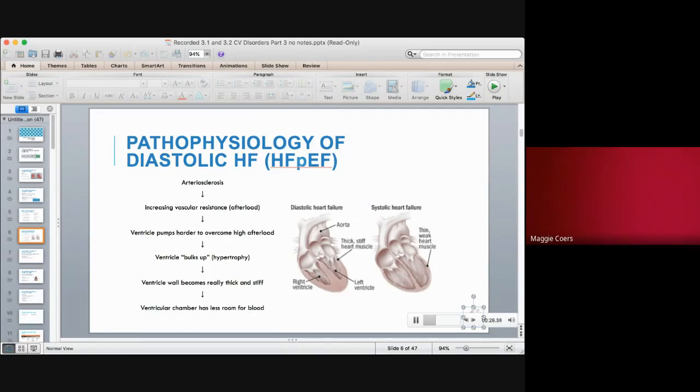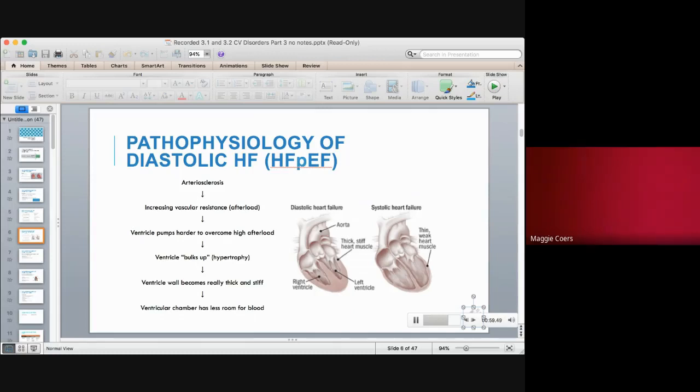This could happen similarly to systolic, but instead of having muscle fibers and ventricles that are stretched out and thin, we have ventricles actually bulking up. Diastolic heart failure is complicated and really not well understood, but at some point there's almost a split that happens, and we develop either systolic or diastolic heart failure.